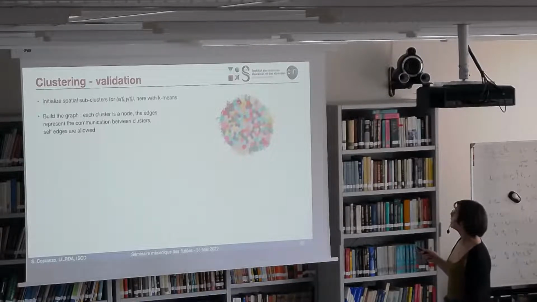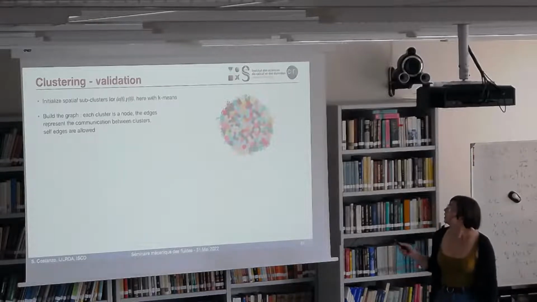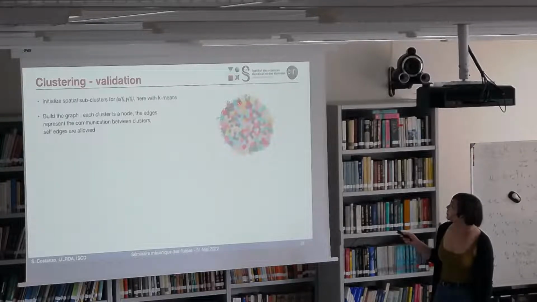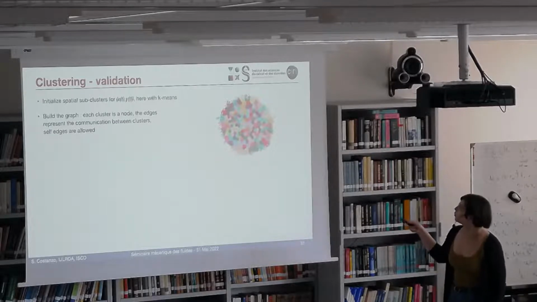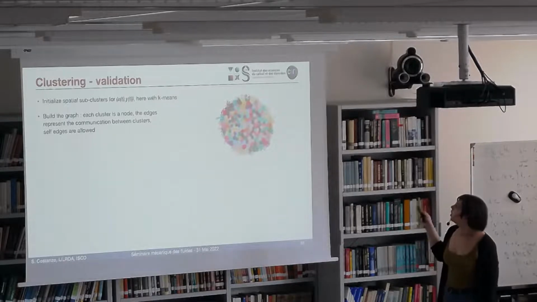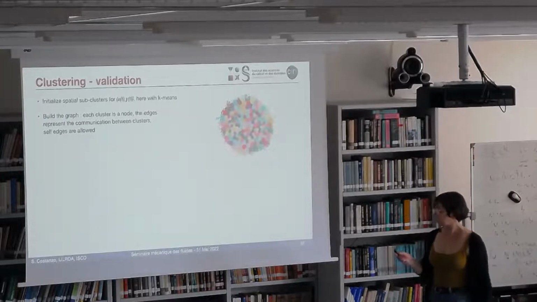So in this case, each cluster is a node of my graph. Every time that my center of pressure moves from one cluster to the other, we have a directed edge. When it moves back, we have a directed edge with the opposite direction. When it stays in the cluster, we have a self-edge.